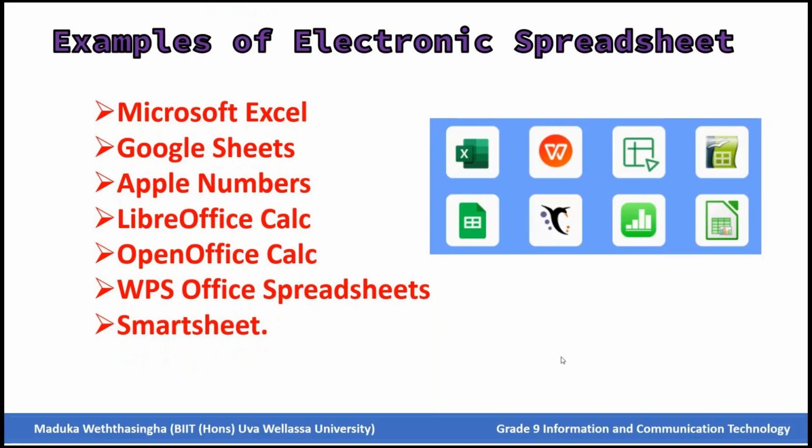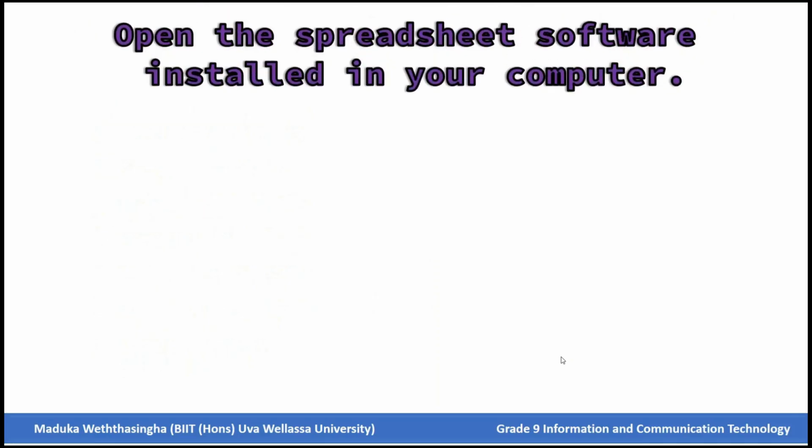When you search the internet, you can make a huge list of examples. Here, as grade 9 students, according to our syllabus, we are going to learn about the Microsoft Excel spreadsheet application. So, first of all, we need to know how to open it.